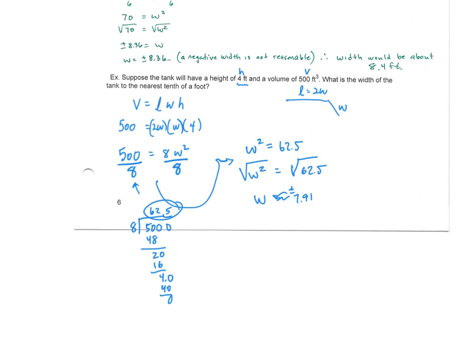And again, we do not need the negative version of that because that would not be a reasonable length. So the width is going to be equal to approximately 7.9, but they did say round to the nearest tenth, so yeah, width is going to be 7.9 feet. There you go. Going to be the final length of the width.